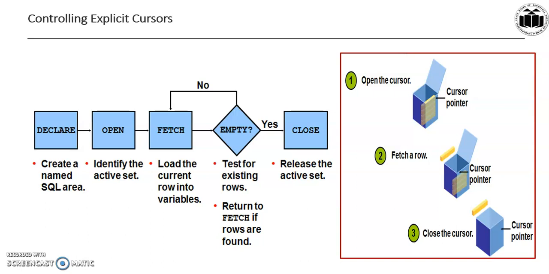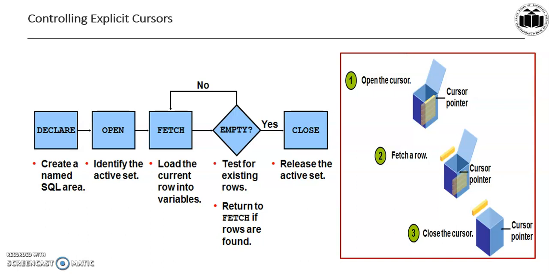Return to fetch if rows are found. So if the cursor is able to find multiple records for the fetching operation, then that fetch operation gets executed repeatedly until the active set is empty.